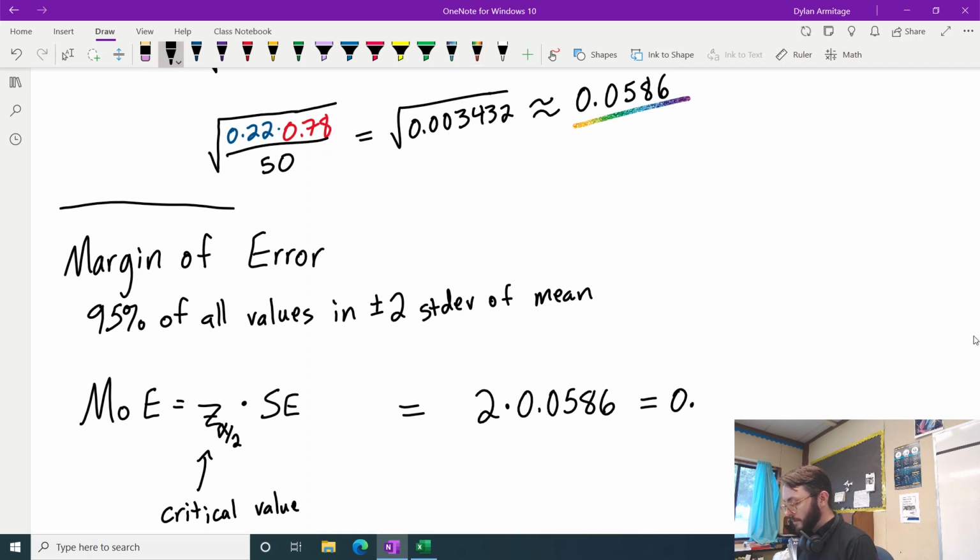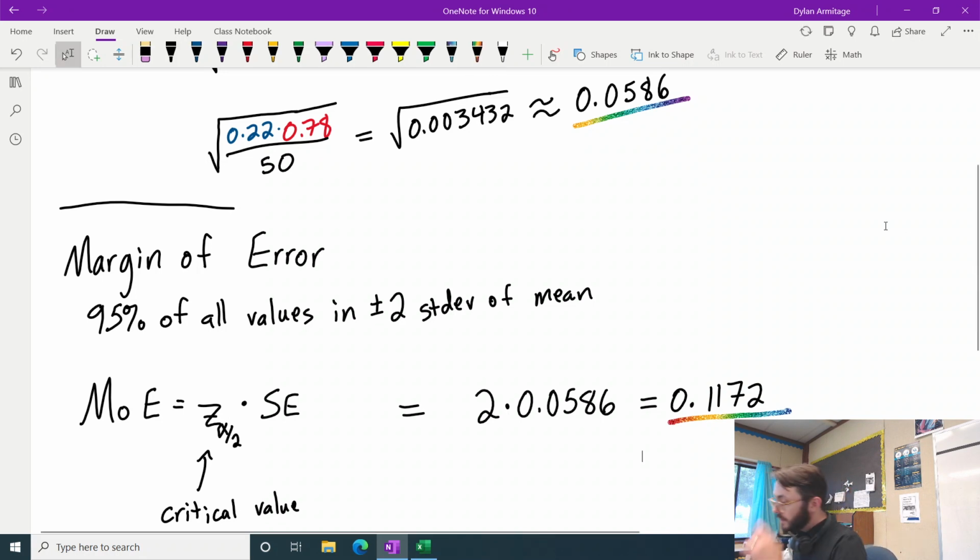So that's 0.1172. Okay. So that is our margin of error. Now, this margin of error describes how certain we can be about what the true population proportion is.